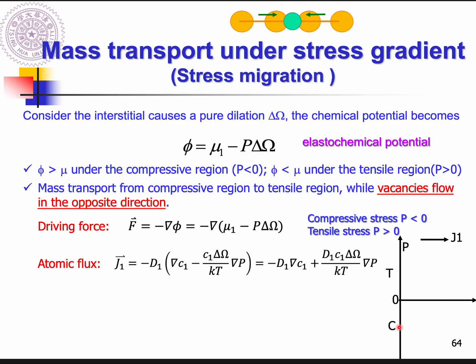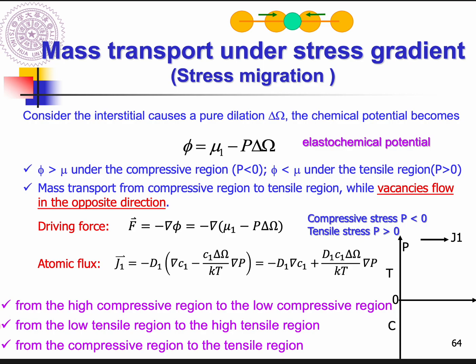So it can go from a high compressive region to a low compressive region. High compressive region means more negative, moving to smaller negative. So it can be this one to this one, or low tensile to high tensile, or compressive region to tensile region.